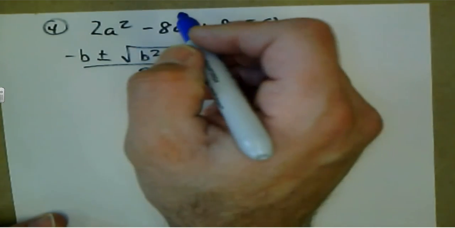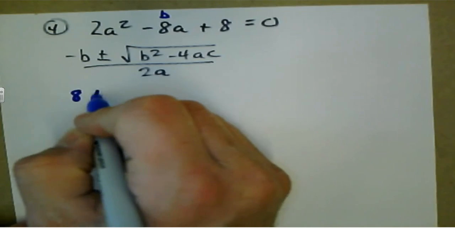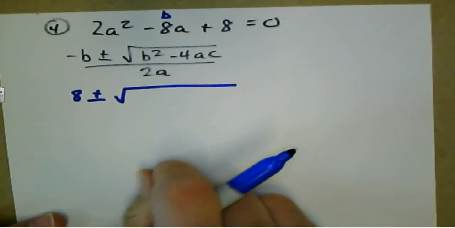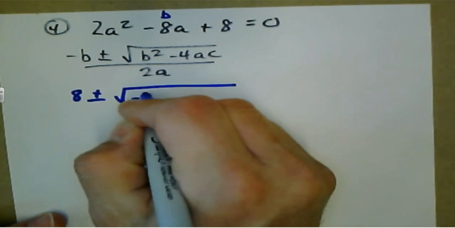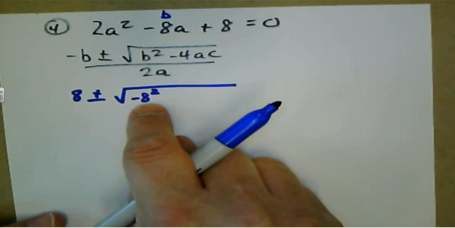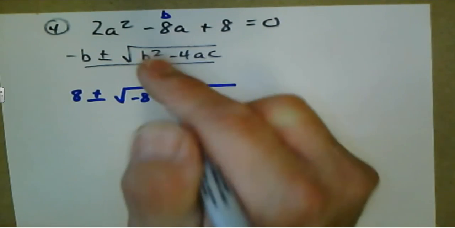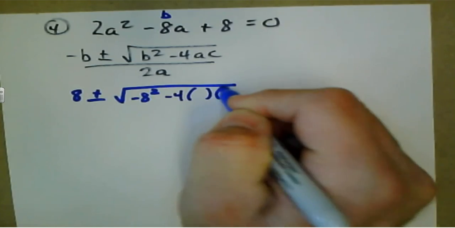So the opposite of b, this is my b. Well, it's -8, so my opposite is 8. Now it is what b is squared. And actually that's one thing you can goof up on, because if you have -8 squared or 8 squared, it's going to come out to be the same answer. But 8 squared, -8 squared. -4 stays. We're going to replace the a and the c.